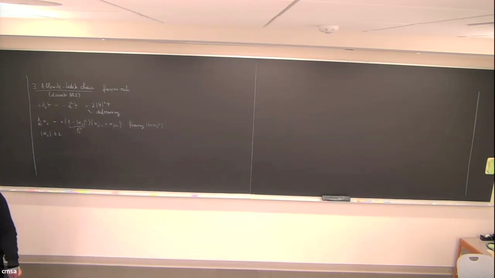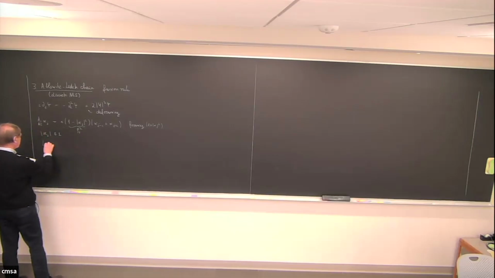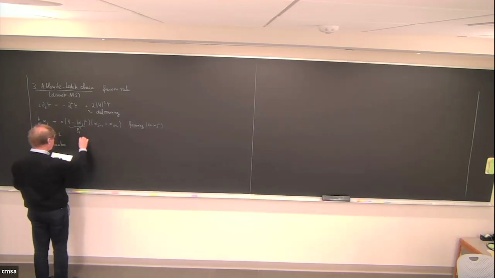Now the first question is, what about the Lax matrix? This was not discovered by Ablowitz and Ladik, who immediately did inverse scattering. But the Lax matrix, or the analog of the Lax matrix, which you know from the Toda lattice, was worked out by Irina Nenciu.